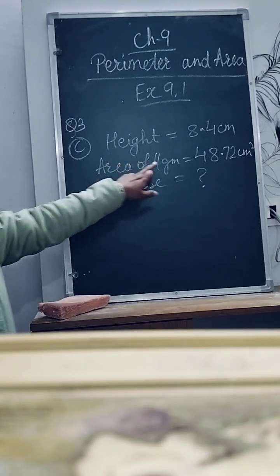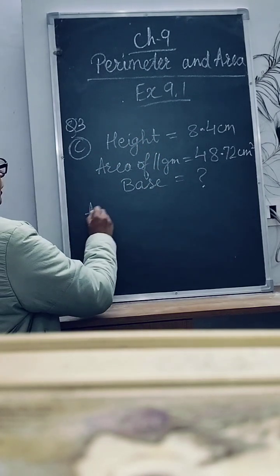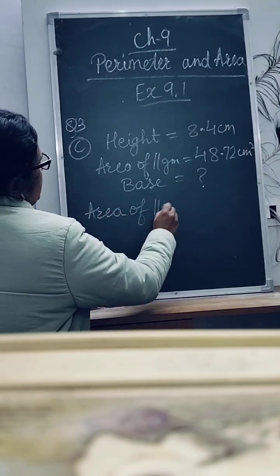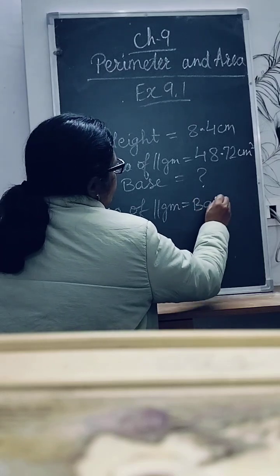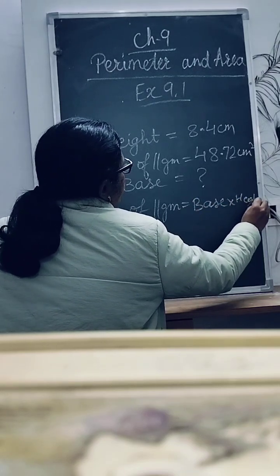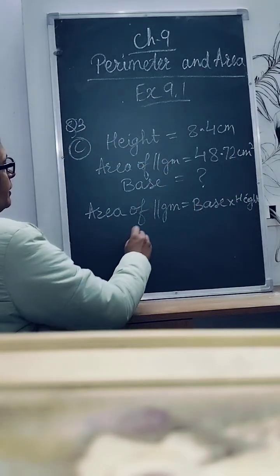Okay, as area of parallelogram is given, we will write the formula of area of parallelogram. As we know, area of parallelogram is base into height. We have written this. Now also the area of parallelogram is given.